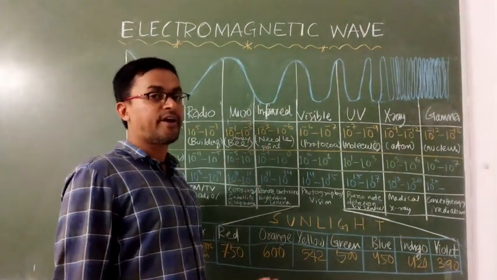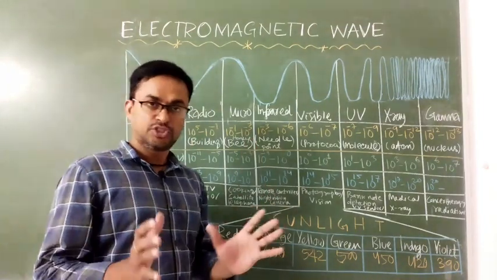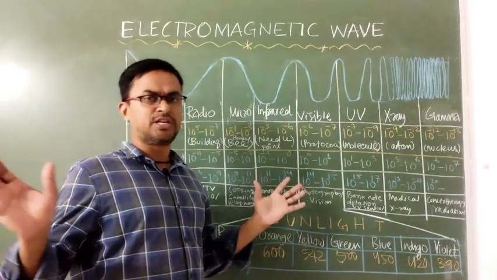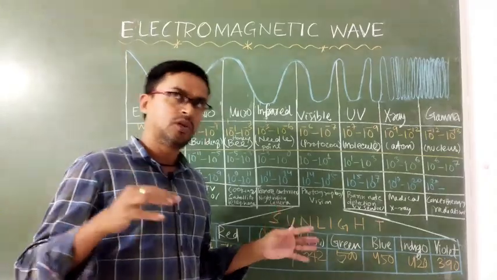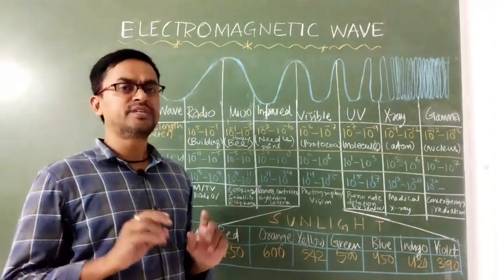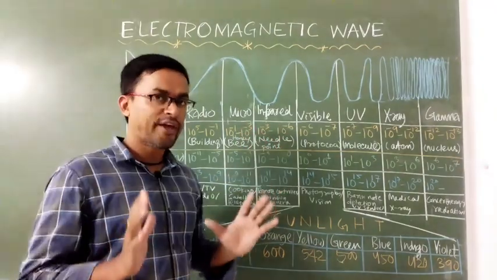Then come to the infrared. Infrared is an electromagnetic wave, and almost all material bodies, like a human being, chair, table, the room, the plant, all these material objects, radiate energy in the infrared range.